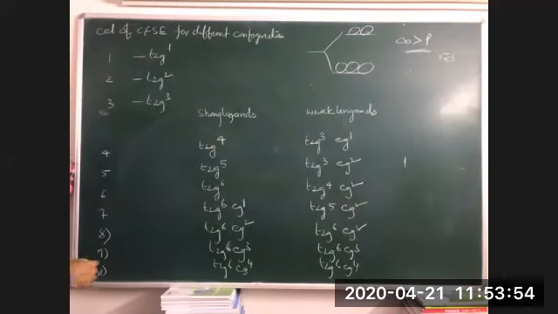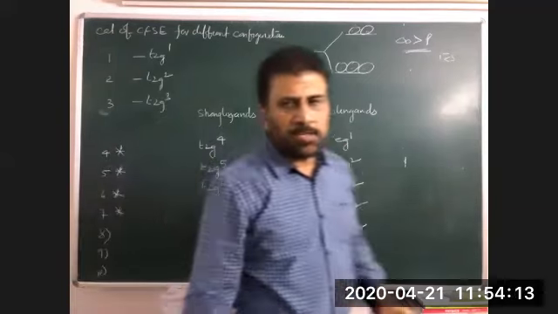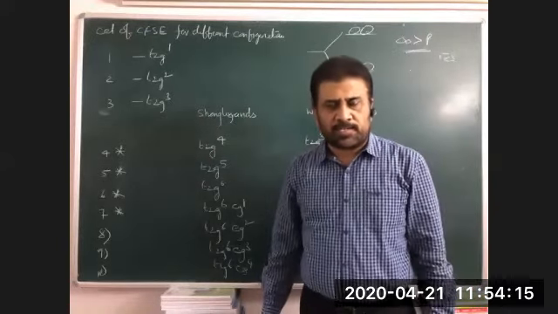Now observe this. In case of the 1st, 2nd, 3rd electron, and the 8th, 9th, 10th electron, there is no difference in the crystal field stabilization energy, whether they are weak ligands or strong ligands.